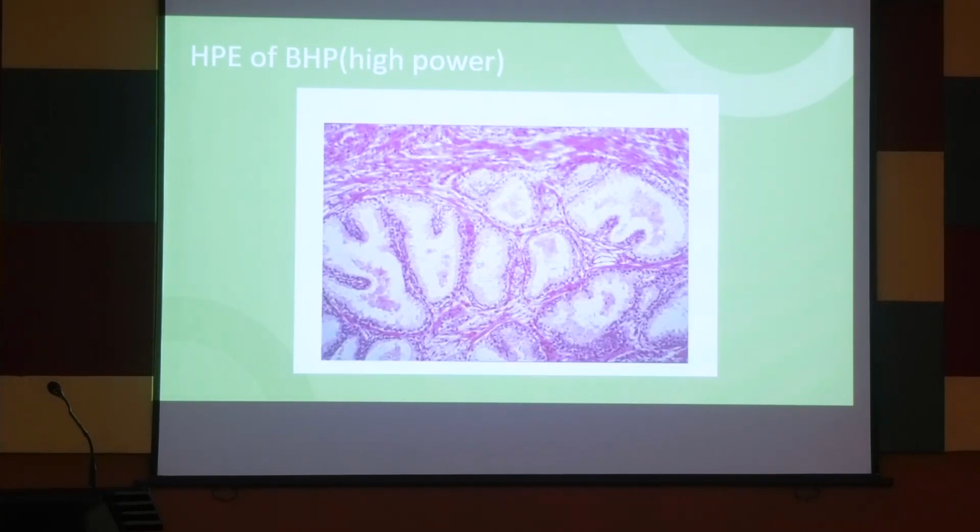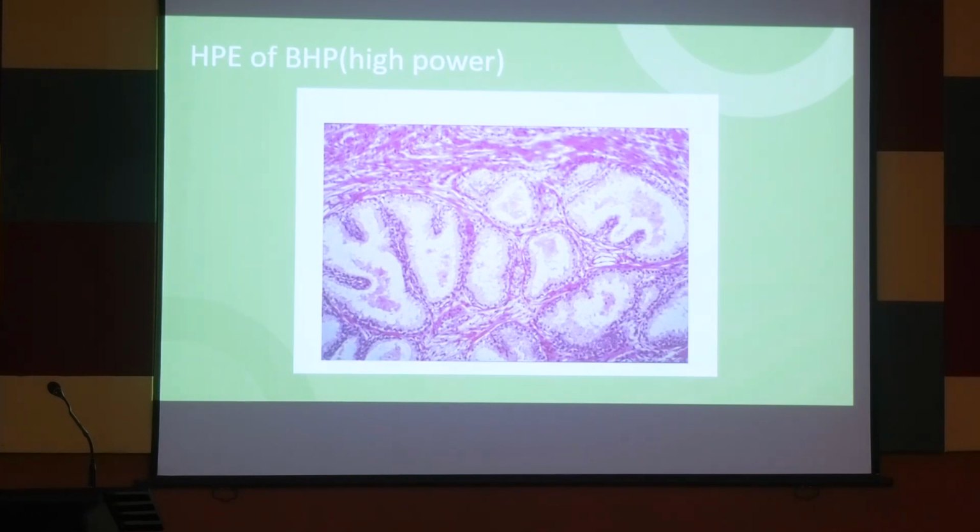Now this is the high power view. We can see these glands lined by columnar epithelium, filled with prostatic secretion, and cystically dilated. The intervening stroma is also hyperplastic, increased in number.